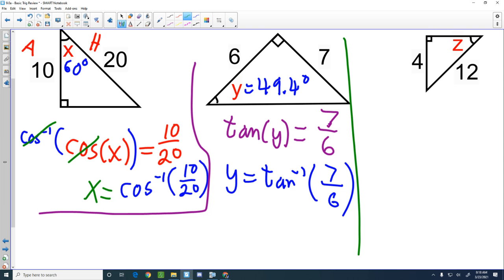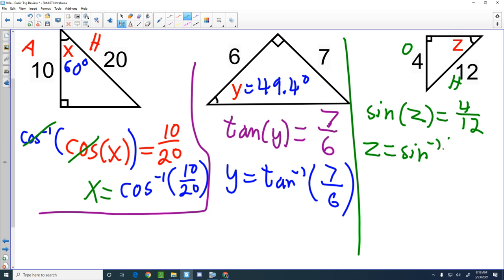And last for z, this is the opposite side. That's the hypotenuse. I'm going to use sine. So sine of angle z is opposite over hypotenuse, 4/12. So to solve for z, I'm going to have to take the sine inverse of 4 divided by 12.